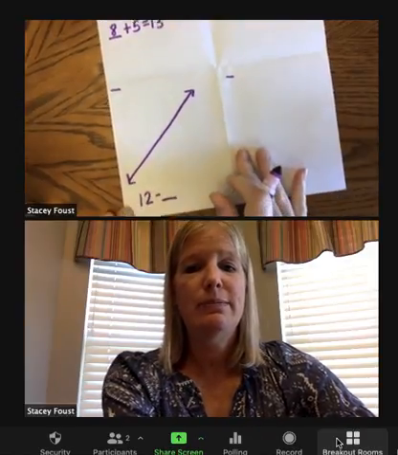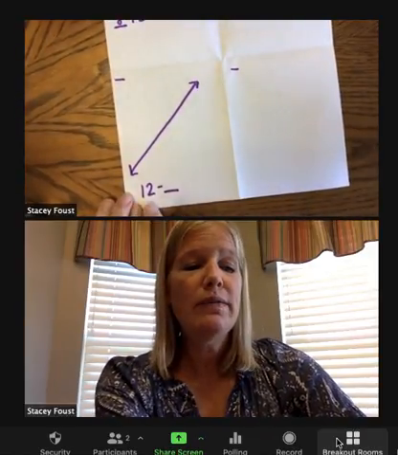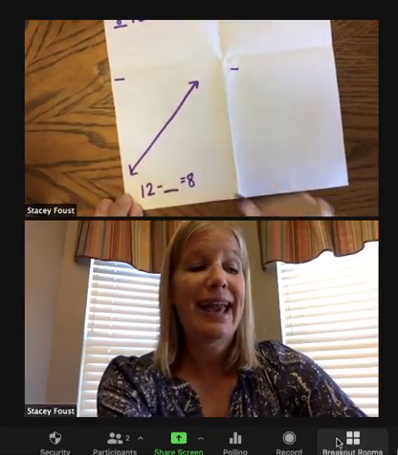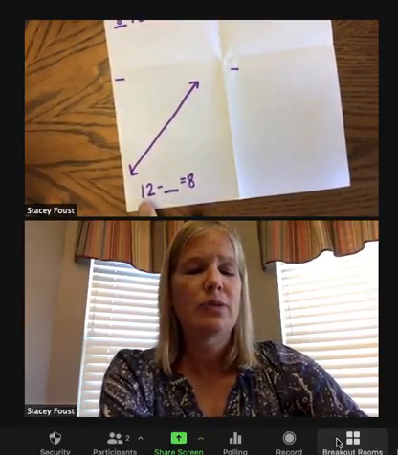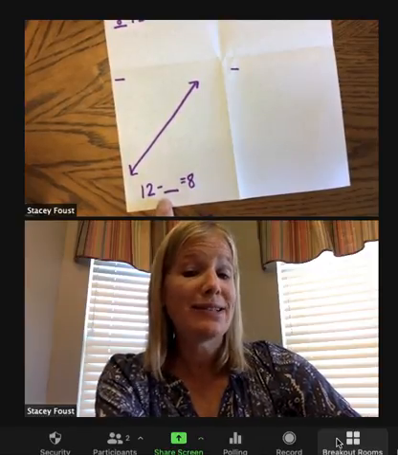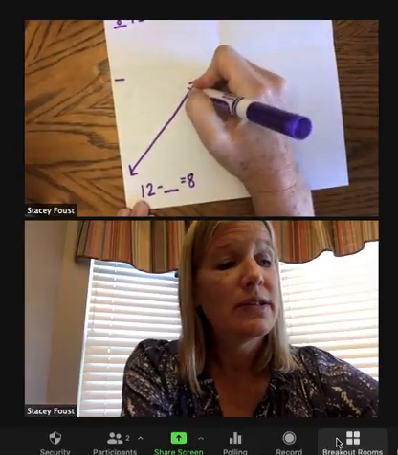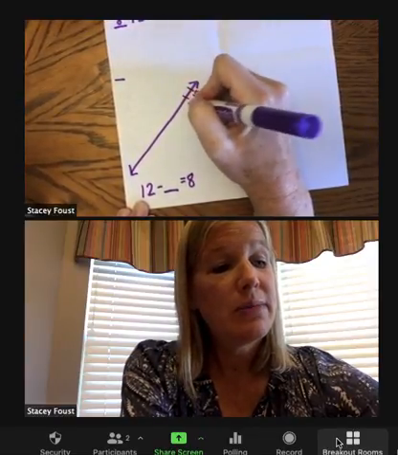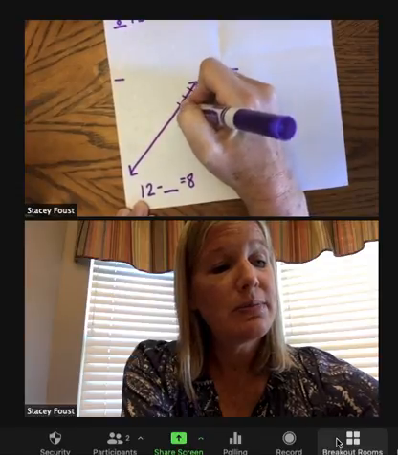Oh, I'm sorry, let me move my paper up. 12 minus blank is going to give me 8. So I'm starting at 12 and I'm taking away. So I know my number line has to go to at least 12. So I'm going to actually end it at 12.